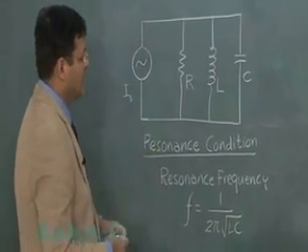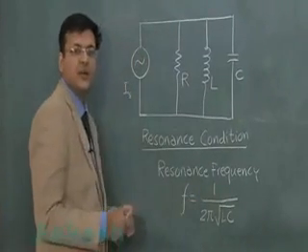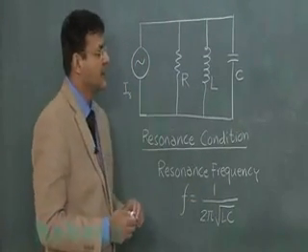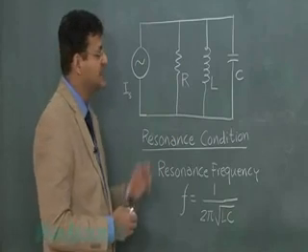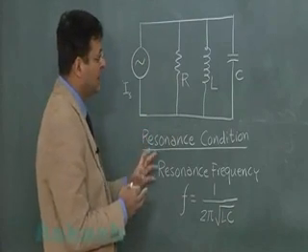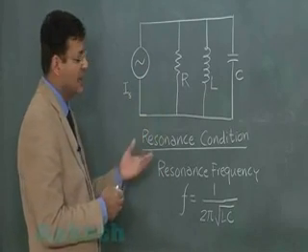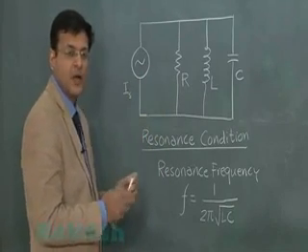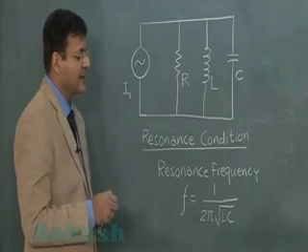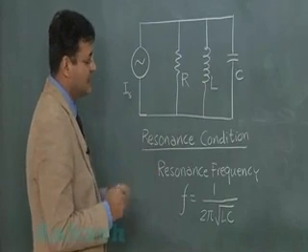But here at resonance the situation will be entirely opposite to what you have in the series circuit. In the series circuit at resonance you had minimum impedance, but in the parallel circuit you have the other way around, that is maximum impedance and the current is minimum. There you were calling it an acceptor circuit, but here you will be utilizing this as a rejector circuit.